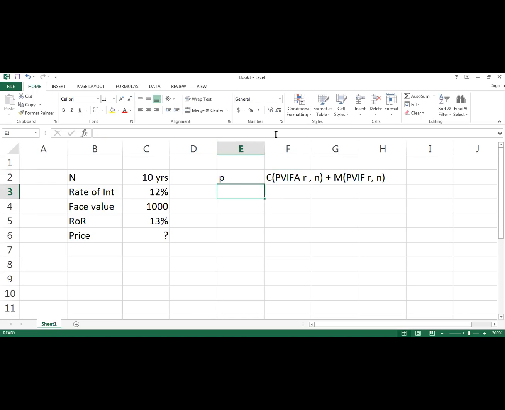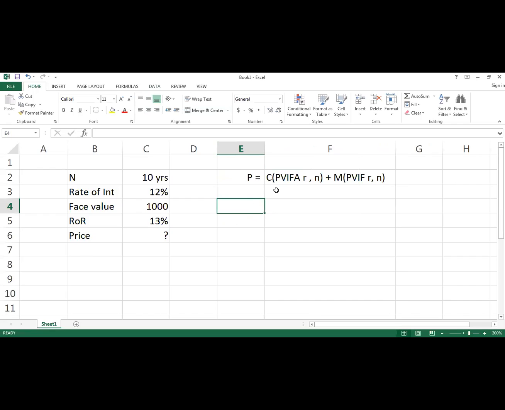Clear? Any doubts in understanding this formula? No, sir. Sure? Okay. This is the formula I'm going to use to calculate the price of the bond.